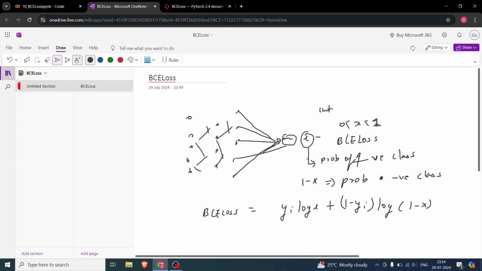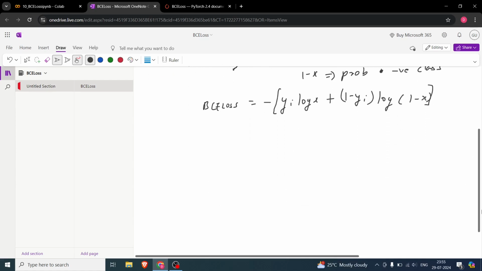This x is your probability and y is your real label. You take all of that and then you have a minus sign in front. There is also a weight over here, which I will discuss in a couple of seconds, but this is the entire formula, the main part of the formula.